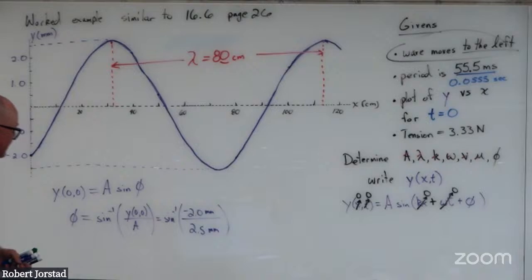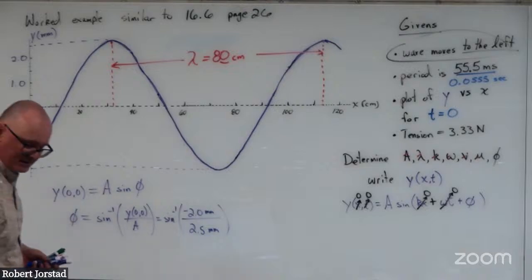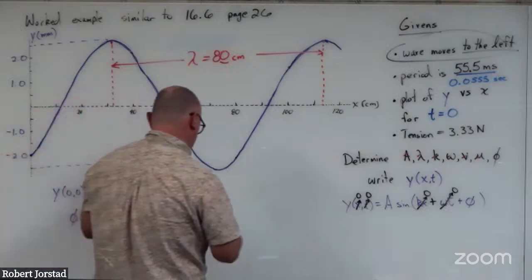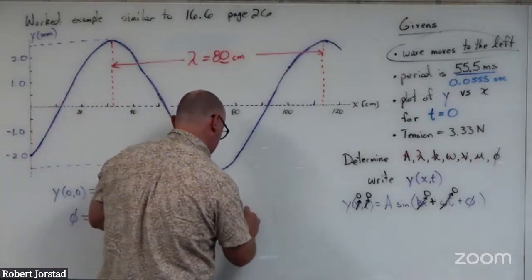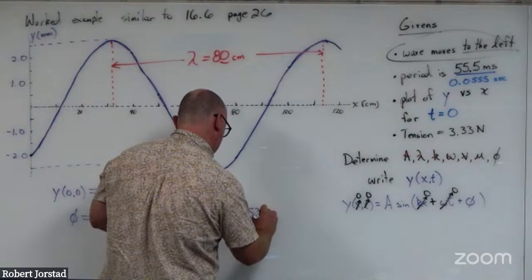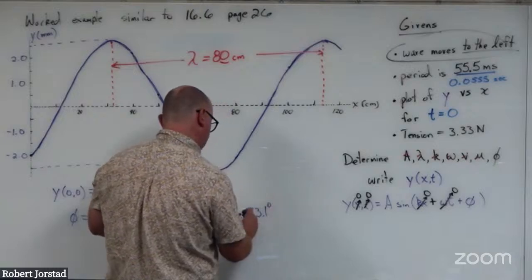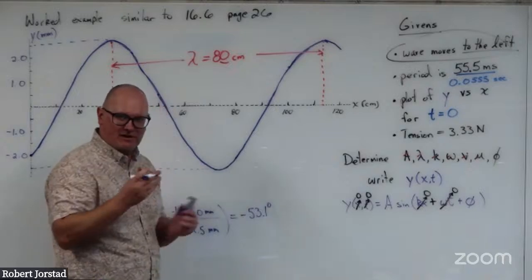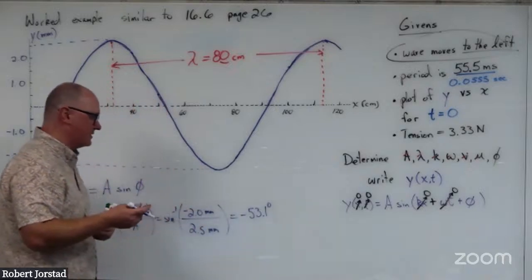What do I get for that? Sine inverse of -2 divided by 2.5, and my calculator is in degrees mode. Let's not spend all day on this. Let's just say it's -53.1 degrees. However, anytime you take an inverse trig function, you have to think about the other solution.